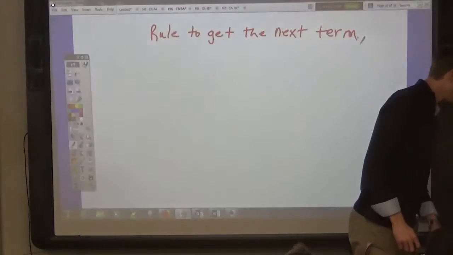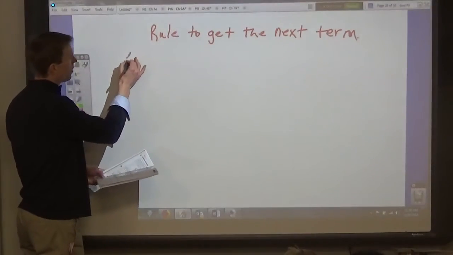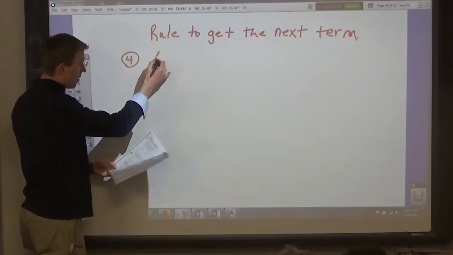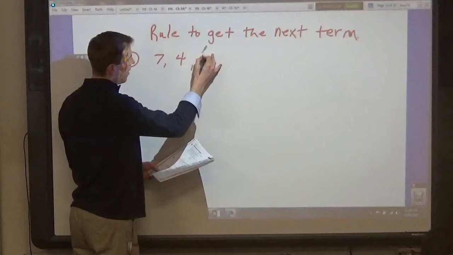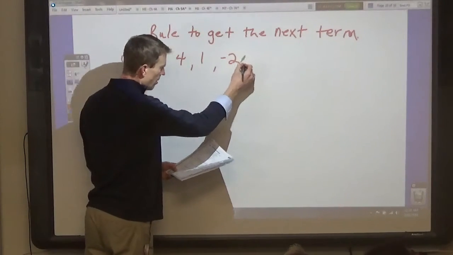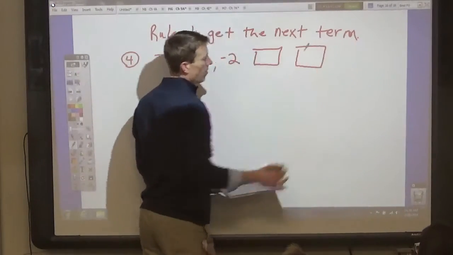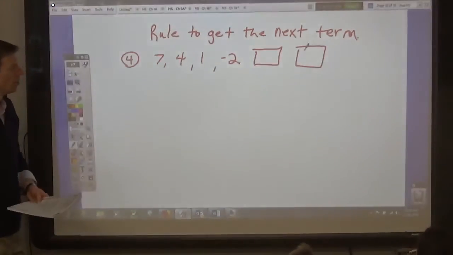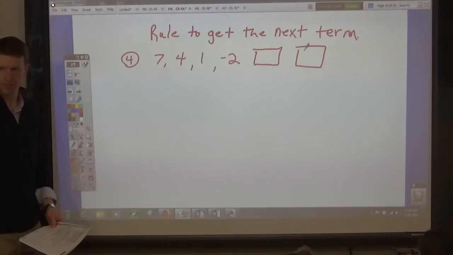Okay? So at number 4, it has these numbers, 7, and then 4, and then 1, and then negative 2, and then 2 blanks. So what we have to do is find the rule and then find the next 2 numbers.